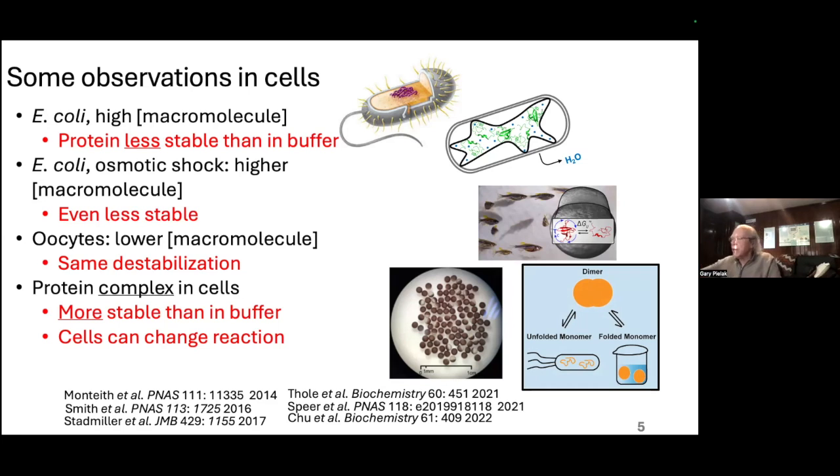For instance, in one of our studies, in dilute solution, two folded monomers go to form a dimer. But if you try to do that experiment in cells, the equilibrium becomes between two unfolded monomers and the dimer. And in every one of these studies, we always see an enthalpic effect, which is not predicted by simple theory.